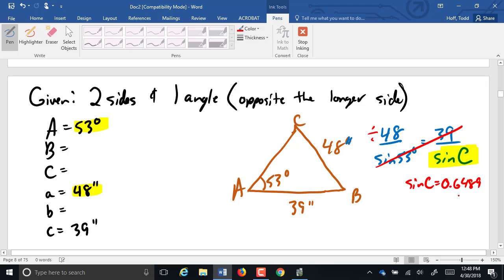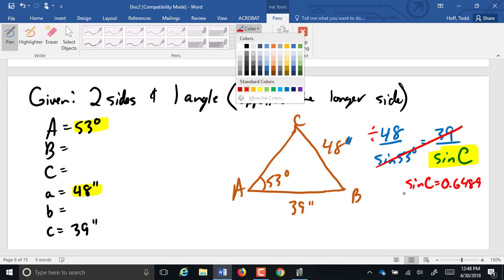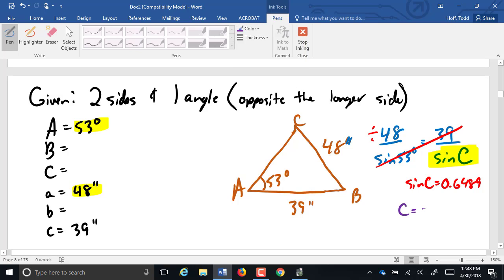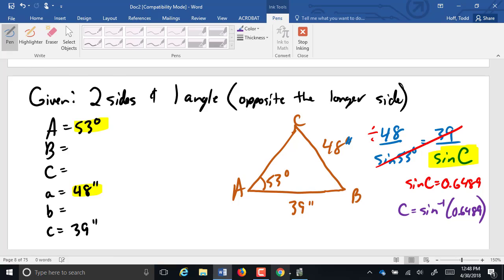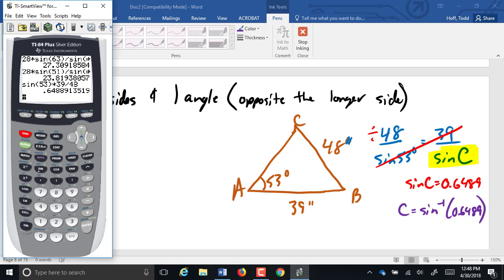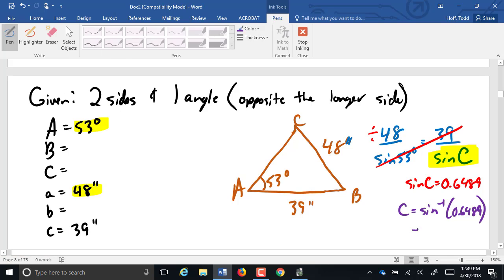Now I'm going to keep that in my calculator. If I write that down and punch it back in, I'm going to get round off error. All that's saying is that C is going to be the inverse sine of 0.6489. Second sine, second answer. So 40.46 degrees.